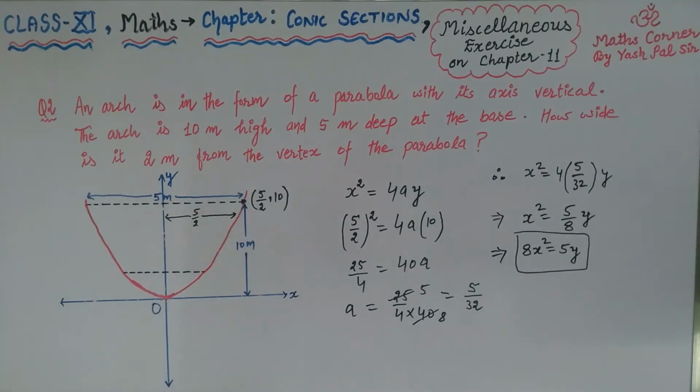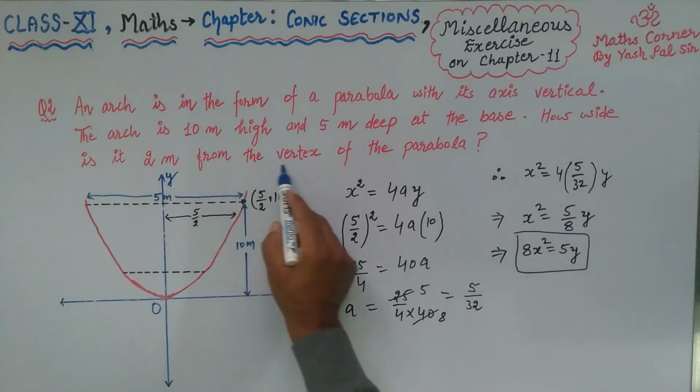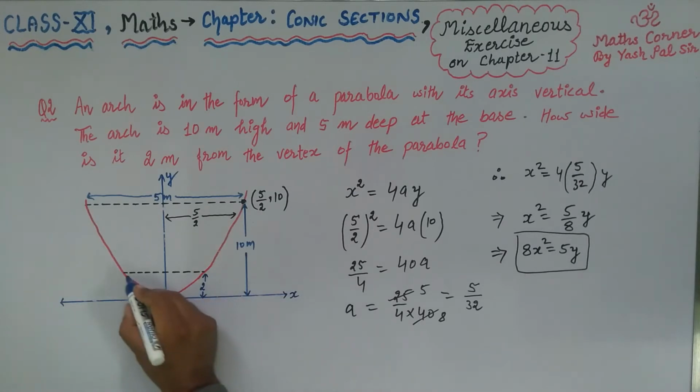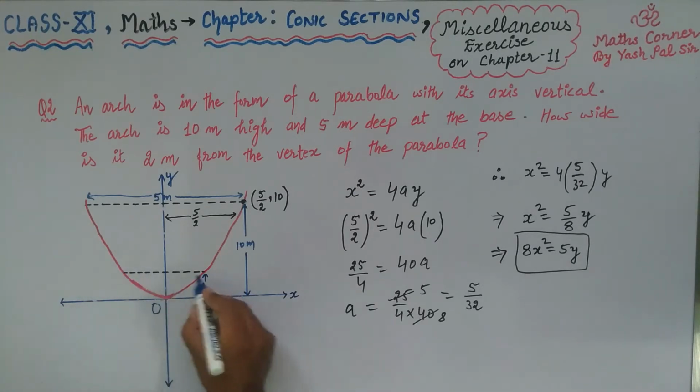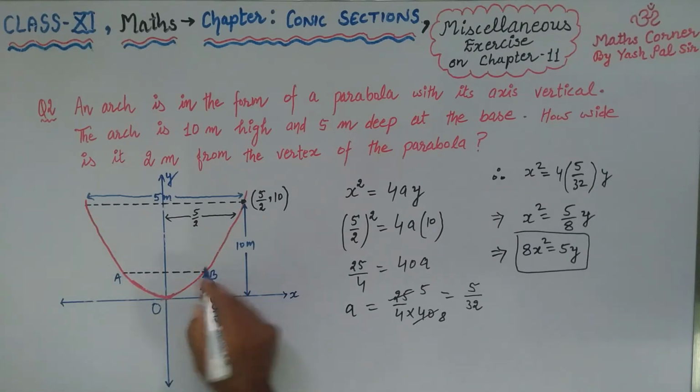Now the next part of the question is, how wide is it 2 meter from the vertex of the parabola? If the height is 2 meters, then how wide is this? Suppose this is AB, we have to find the value of AB.